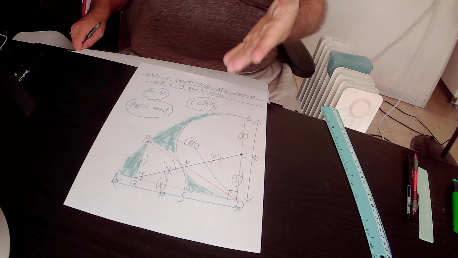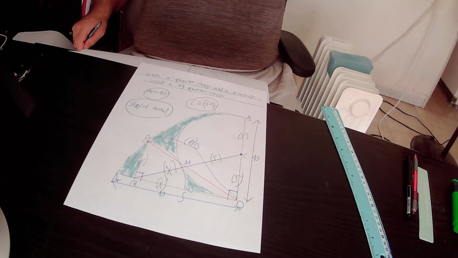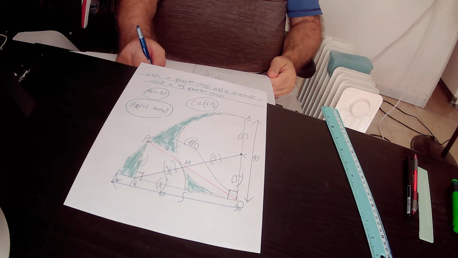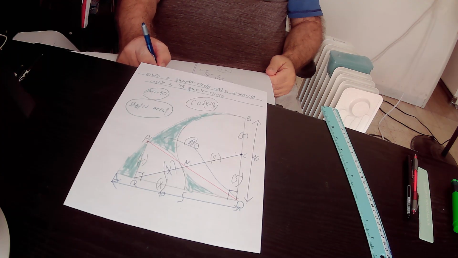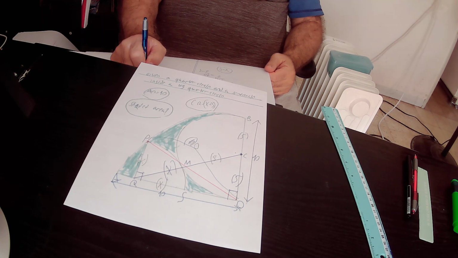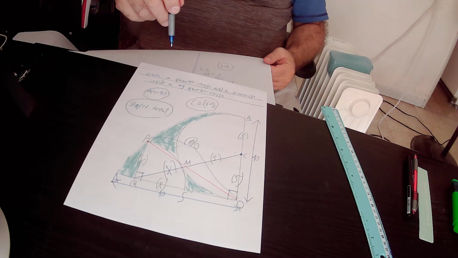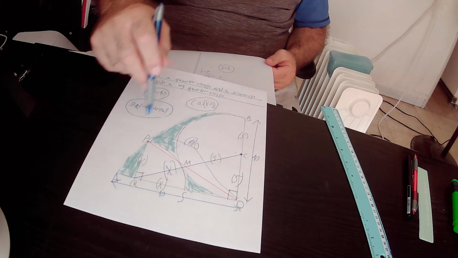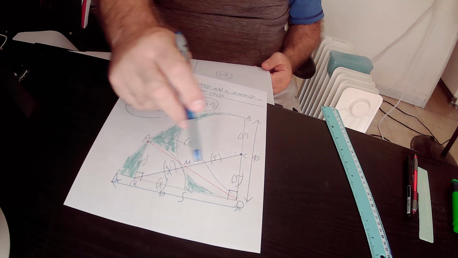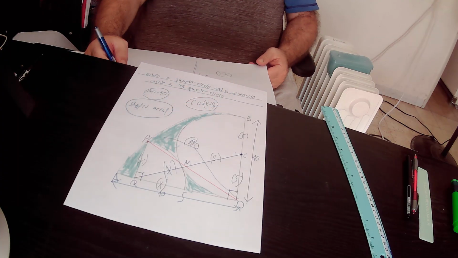What is the size of this shaded region? Actually, from the drawing, it is very easy to see that the size of this shaded region in total will be equal to the area of the big quarter circle A or B.